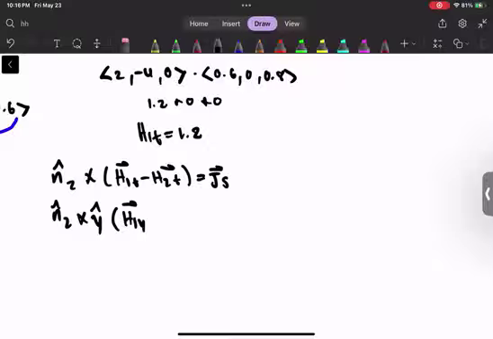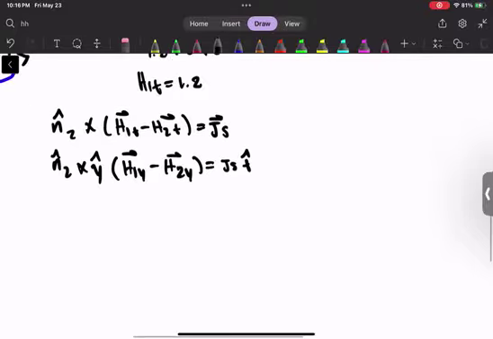The thing we need to know is that our surface current was only going in the negative y direction, not in the tangential direction.